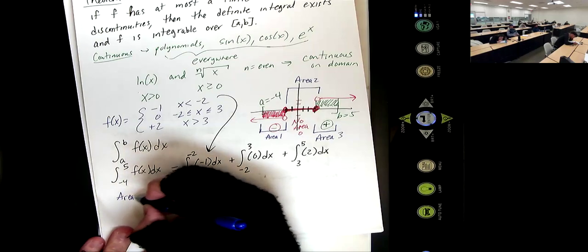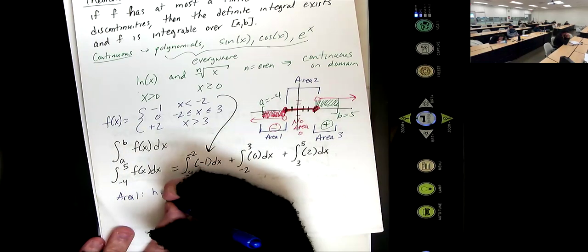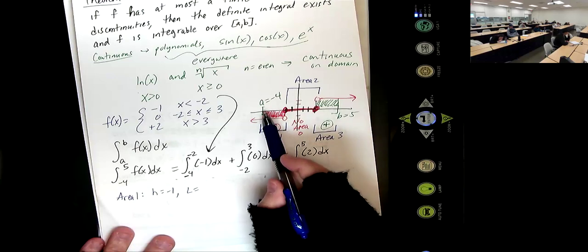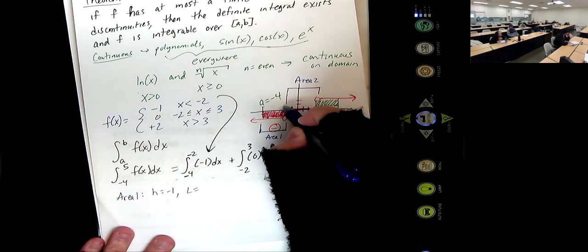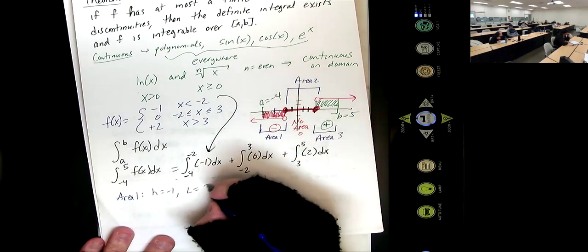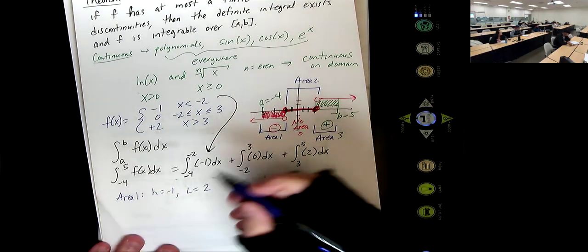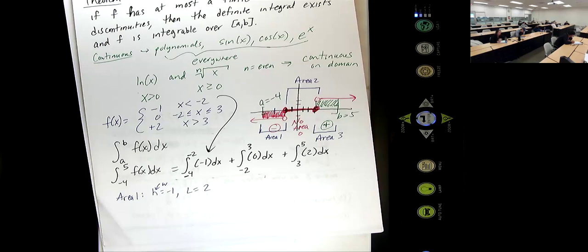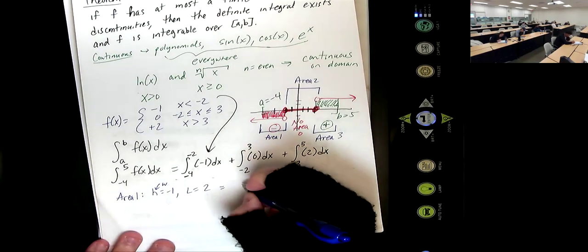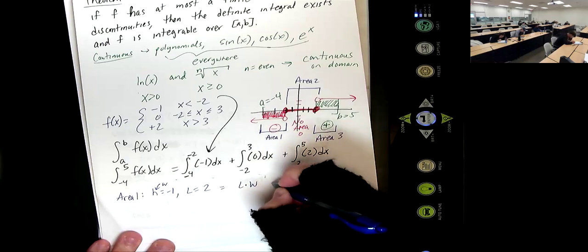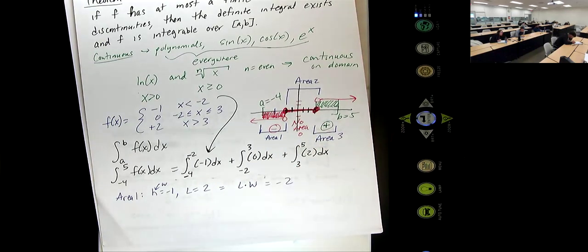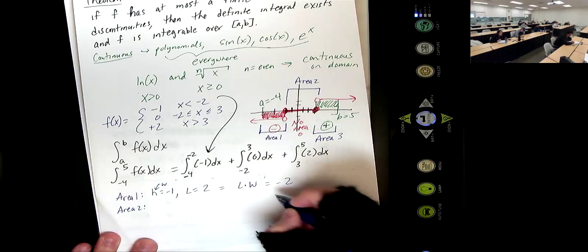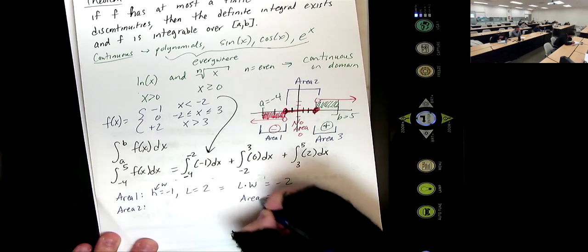Area 1 has a height of -1, and the length is how long? This was -2, -3, -4, a length of 2. Height is kind of like the width of our rectangle. So geometrically, length times width is gonna be -2. Area 2 should give us an area of 0, because it has no area.